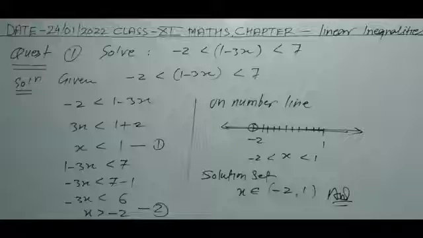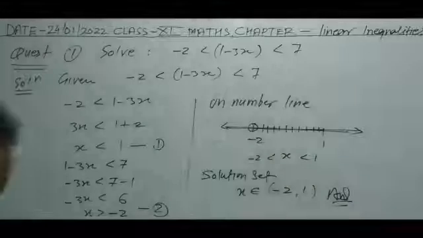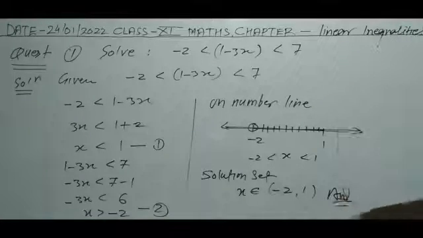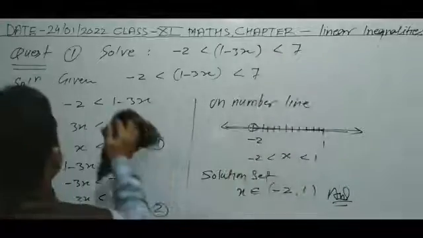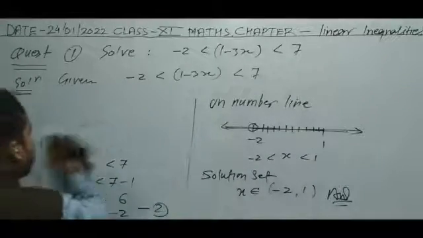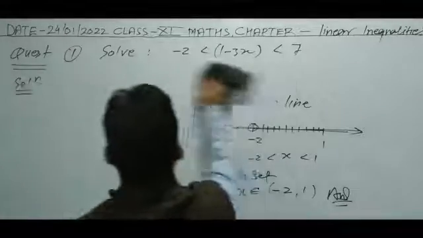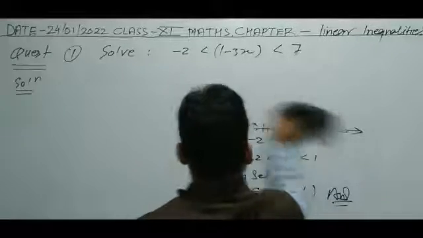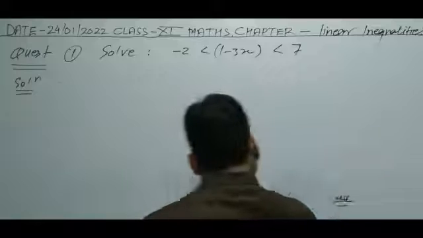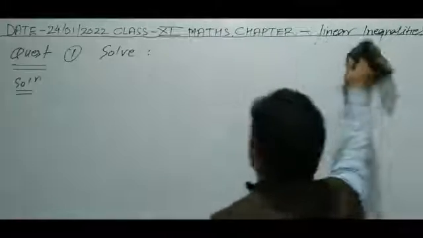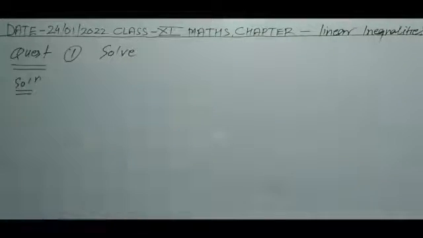The next question is question number 2. Now question number 2 is minus 7.